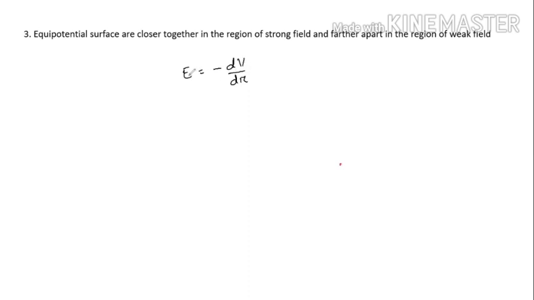Now see the relation between electric field E and this dr. What is dr and what is dV? dV is the potential difference between two regions.